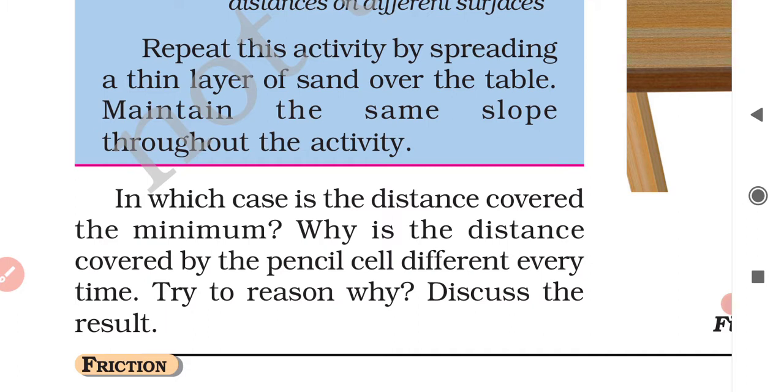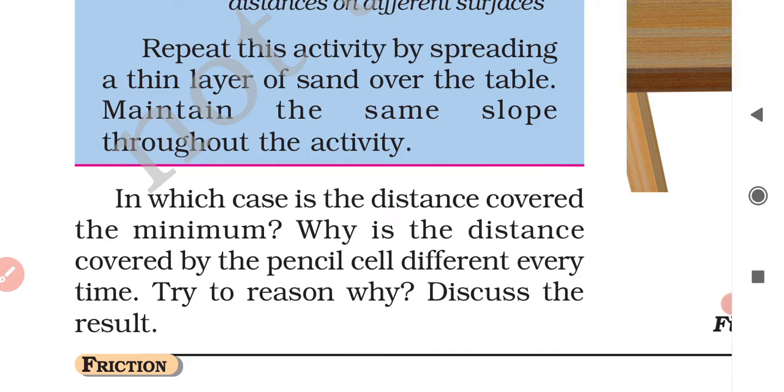And when we covered the table with the sand, then it made the surface more rough, right? So in that case the distance covered by the pencil cell decreases even more.